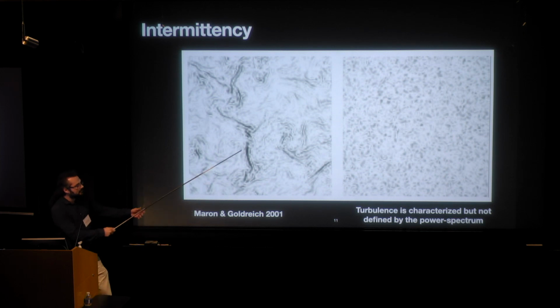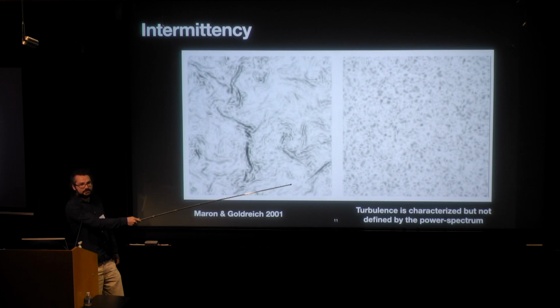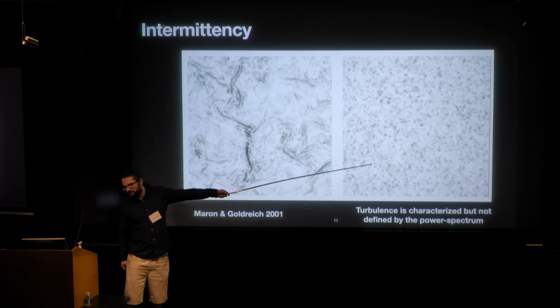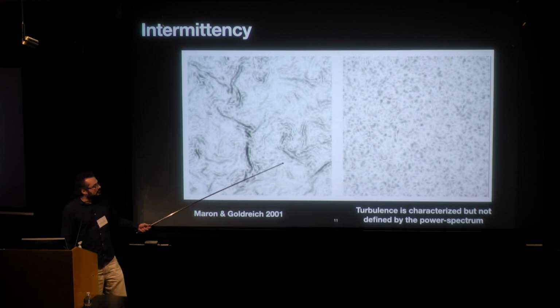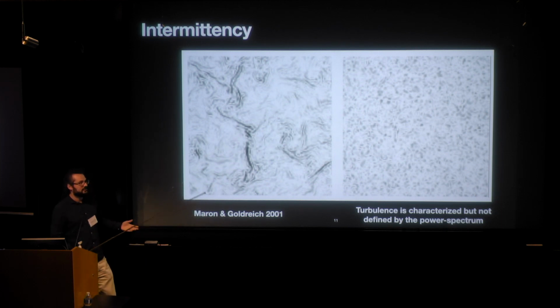Anyway, we have the same power spectrum for those two turbulence snapshots. This is an MHD turbulence simulation, but they look very different. This is turbulence. This is not turbulence. This is just noise. It doesn't have all of those features that we are interested in, those current sheets and plasmoids. And that's why we want to run simulations from first principles.